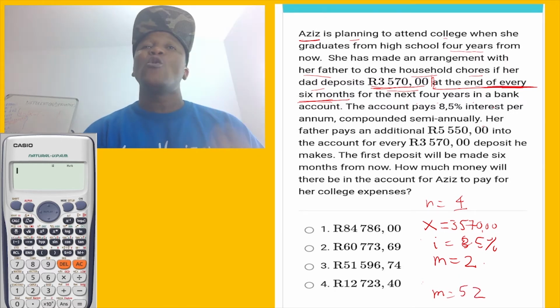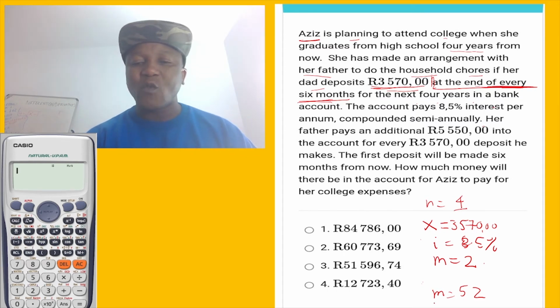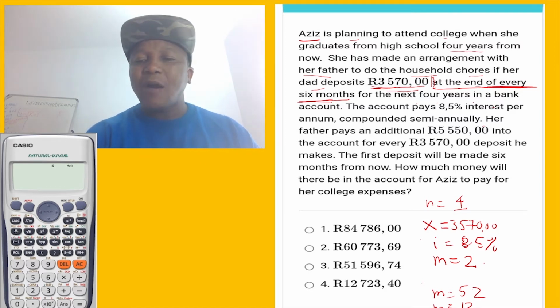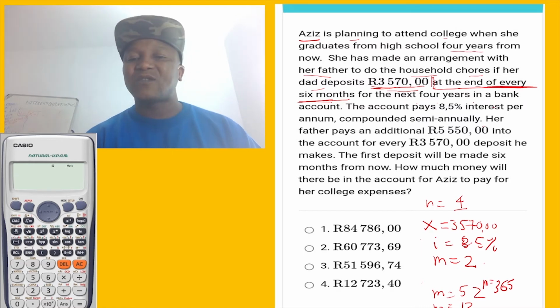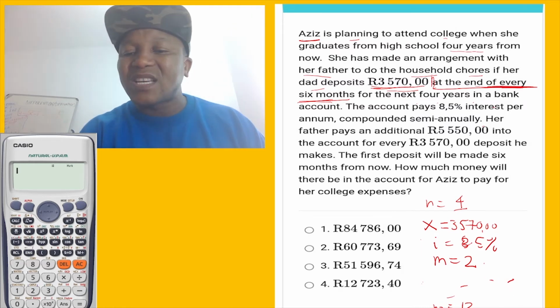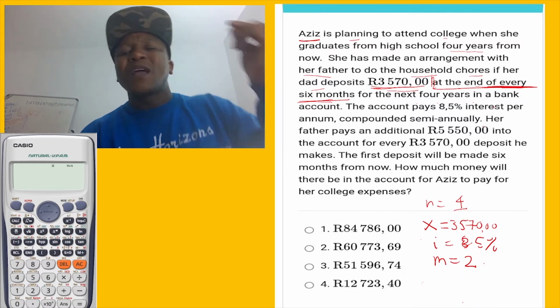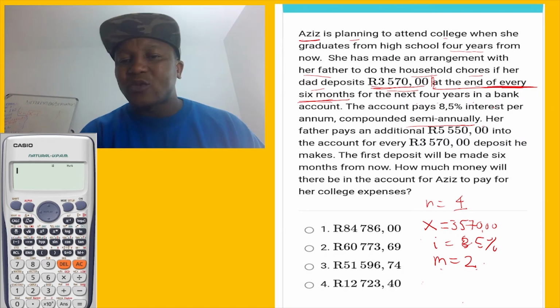If it was compounded monthly, there are 12 months. If compounded daily, 365, so M could be 365. But for now they didn't mention any of these, so it's not part of the equation. They just say semi-annual, and there are 2 halves in 1 year.